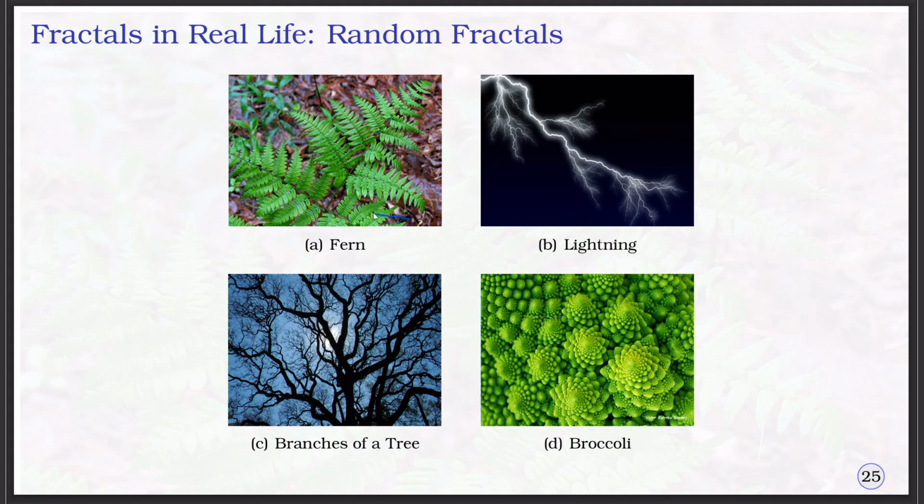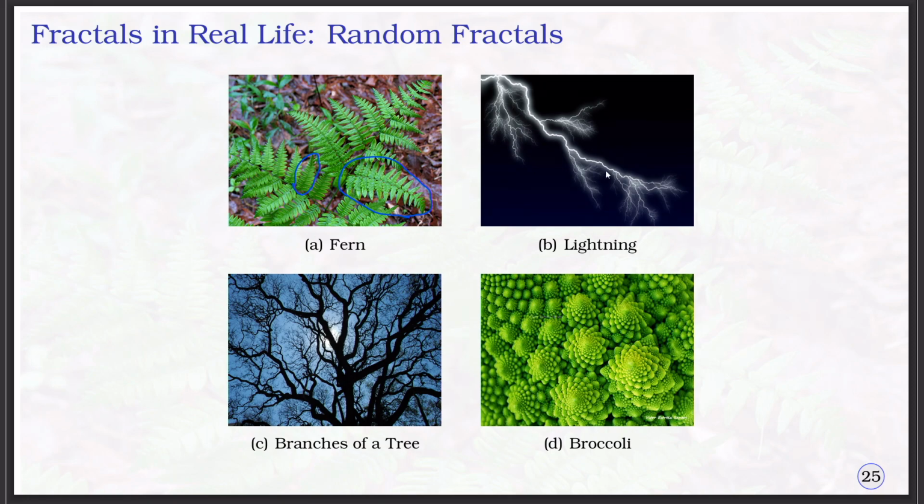If you take this part alone, then not exactly, but somehow it resembles the whole thing. Or if one takes this part, then this part also resembles the whole thing in some sense. Therefore, this fan leaf follows approximate self similarity.